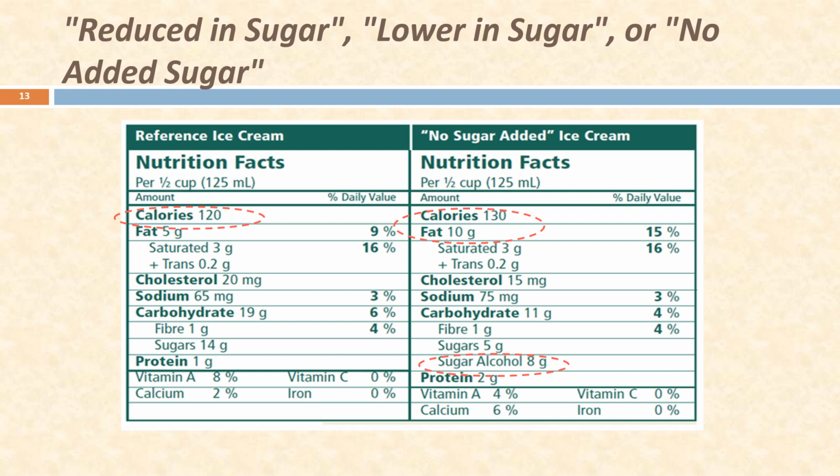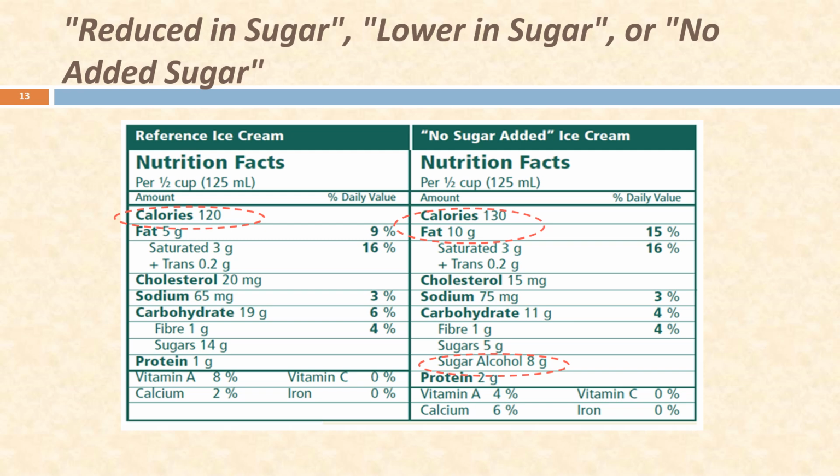So when you see the nutrition label in column 1, which shows calories 120, the claim is reduced in sugar, but even then it contains some calories, whereas in the no added sugar ice cream you can check it contains 130 calories, because there is a higher fat percentage, and also it contains artificial sweetener like sugar alcohol, which is 8 grams.